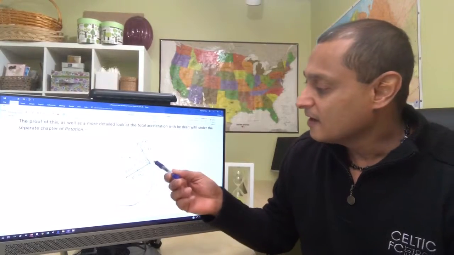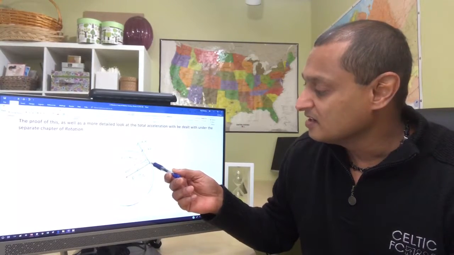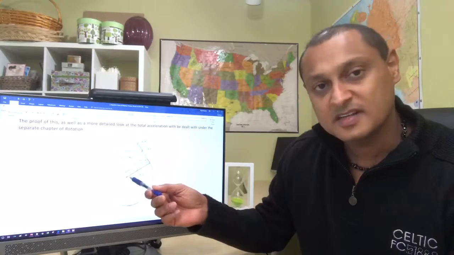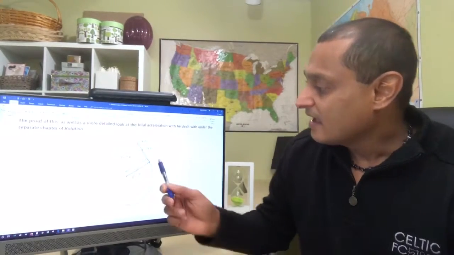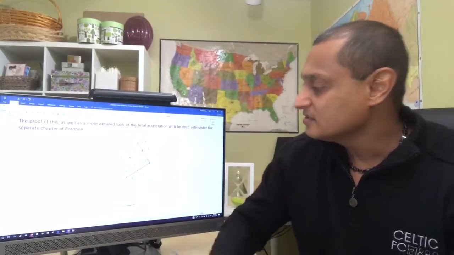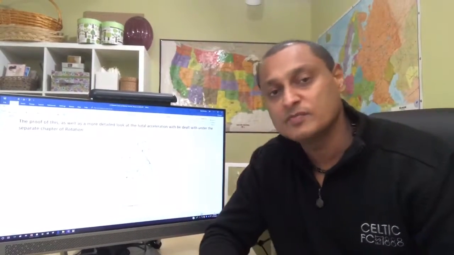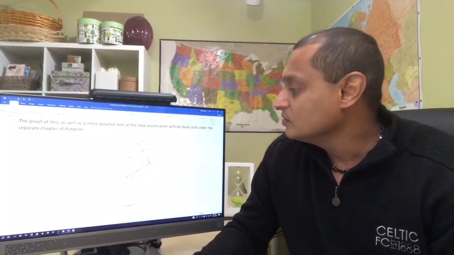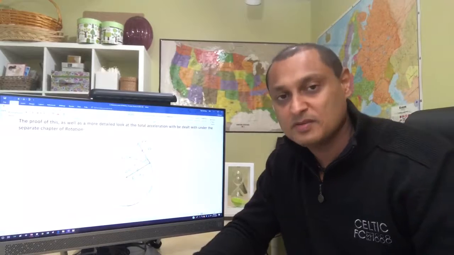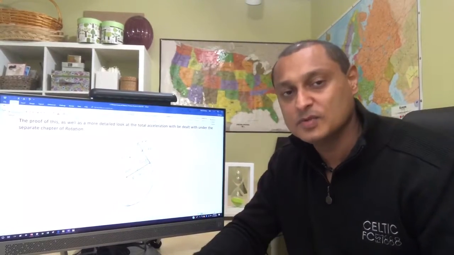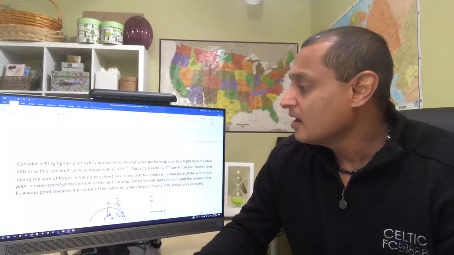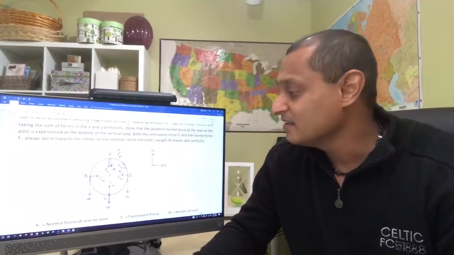One acting from the point on the periphery of the circle towards the center of the circle, and the acceleration acting in a tangent. So the addition of those two components is used in the calculation of what's called the centripetal force, the force that's keeping the object moving in a curved path. Much more on centripetal forces later on.